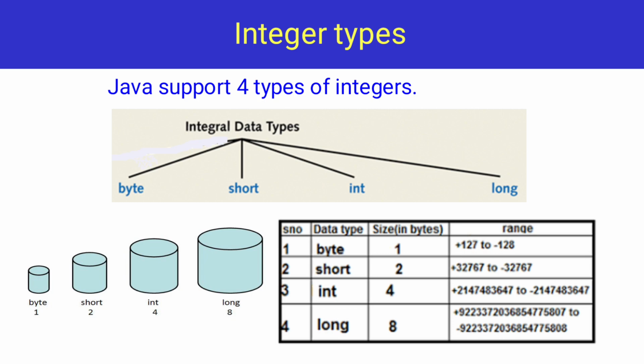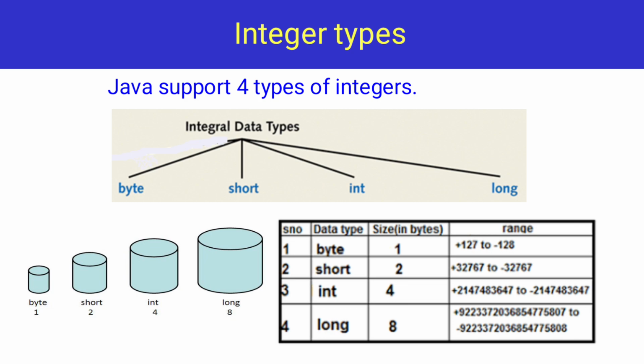Now let's talk about the integer type. As you can see, integer type is divided into the following categories: byte, short, int and long. Java supports four types of integer, as you can see in the figure. The byte data type has a size of 1 byte, and the short data type has a size of 2 bytes, and the range is from minus 32768 to plus 32767.